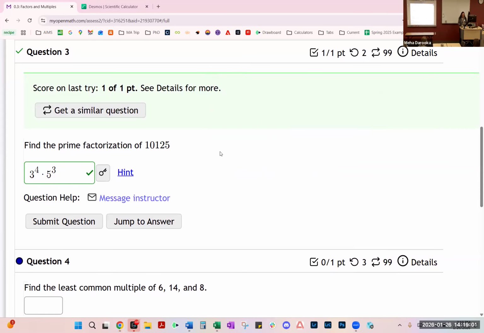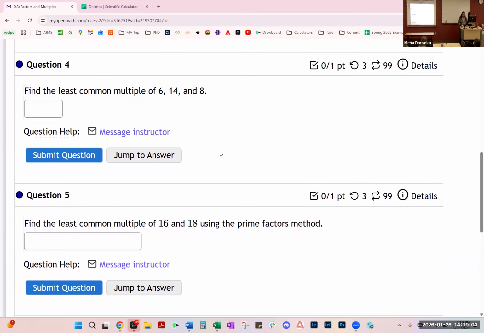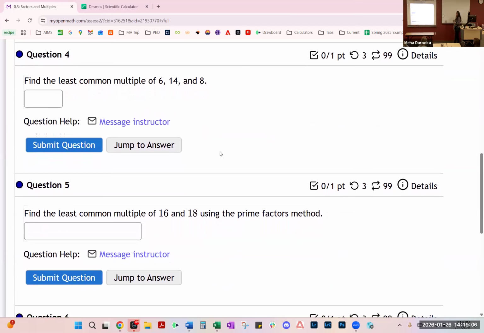So where does prime factorization come into play? A lot of times we use factorizations to work with least common denominators, right? A lot of times we have to find what the common denominator would be. So instead of working with them as denominators right now, we're just working with numbers individually.